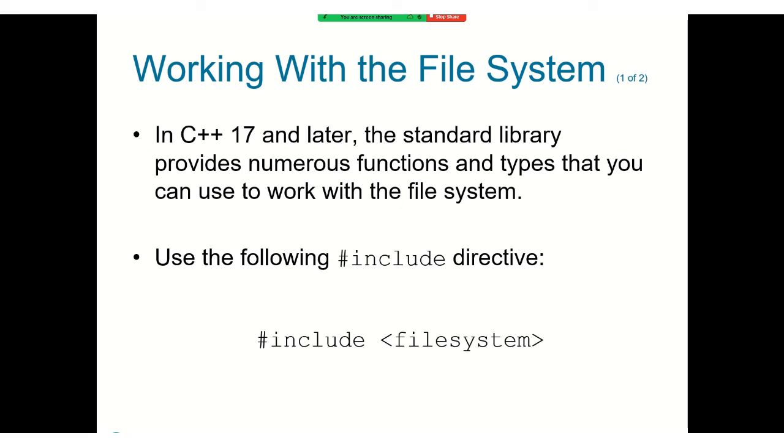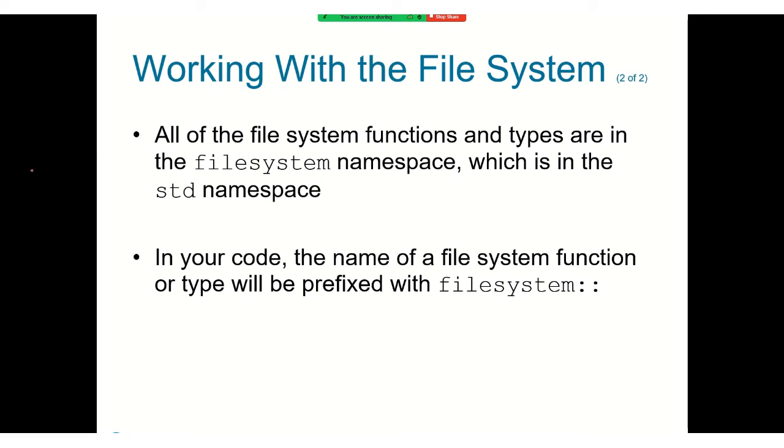I don't have any example for that, but basically you include this one. All of the file system functions and types are in the filesystem namespace, which is in the std namespace. When you do using namespace std, then you can use the filesystem namespace as well.